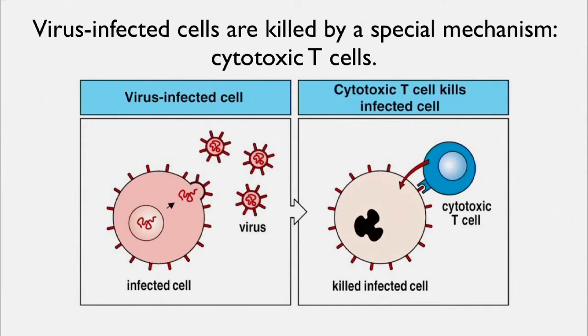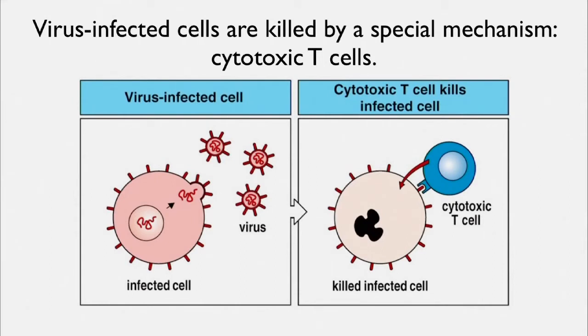There's a whole other set of processes that occur when a cell's already been infected. So if you have a virus-infected cell, it will actually express the fact that it's infected. It often will take a piece of virus and present it on its surface. It will then be recognized by a cytotoxic T cell. So this is a T cell which has been recruited with a receptor on its surface that matches the particular piece of virus that's being presented on the surface of the cell.